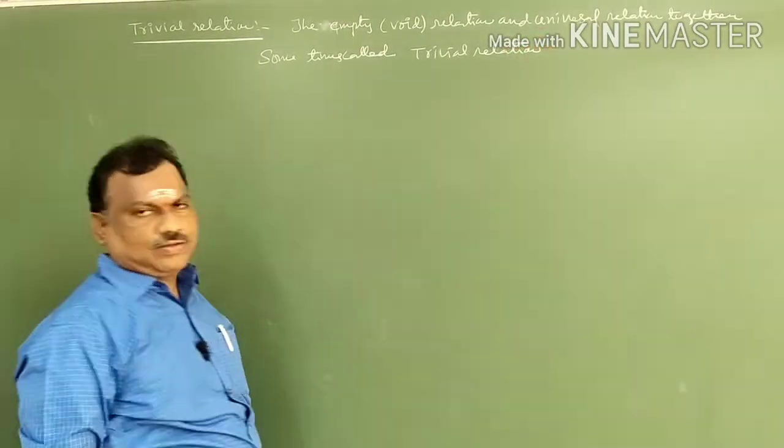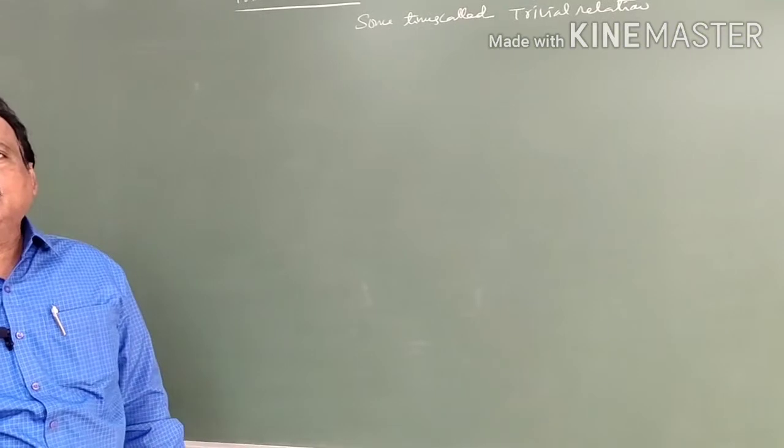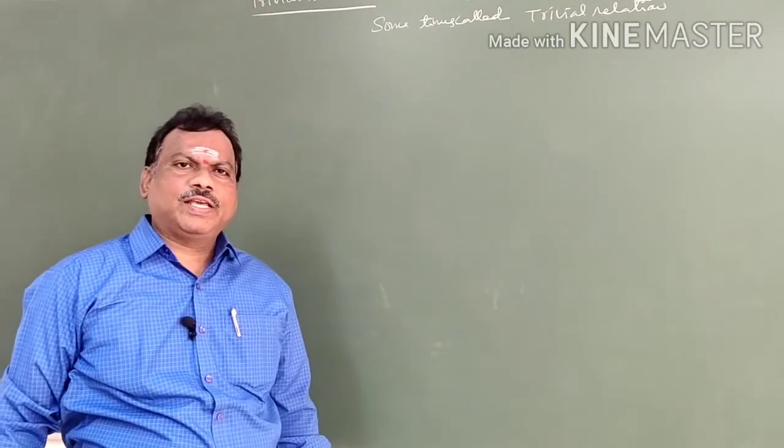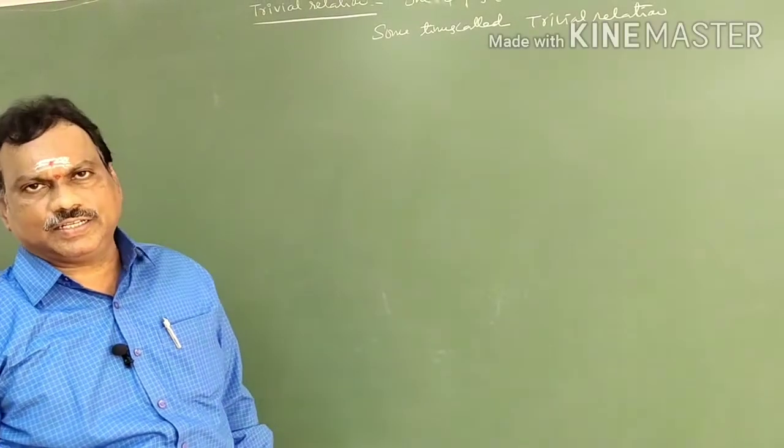So this is a 1 mark question, very very important, you remember it. The universal relation and empty relation together are sometimes called trivial relations.